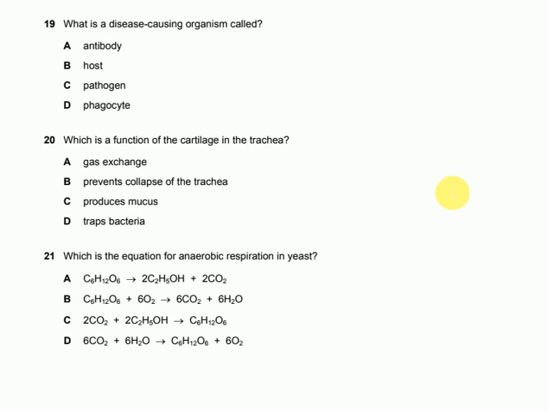My teacher explained it to me, and I really do not remember how. Okay, let me think about it. So it's not produces mucus. I'm almost sure about that. Prevents collapse of the ear? I'm also sure that it's not that. Gas exchange probably, and traps bacteria probably.